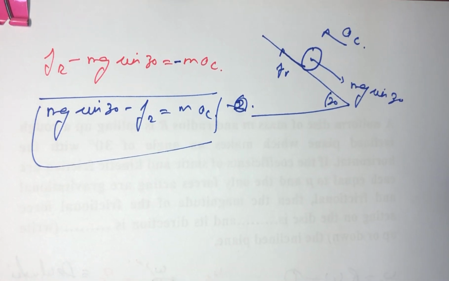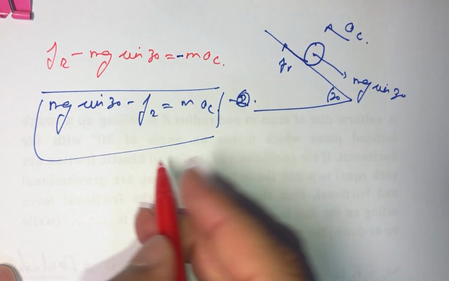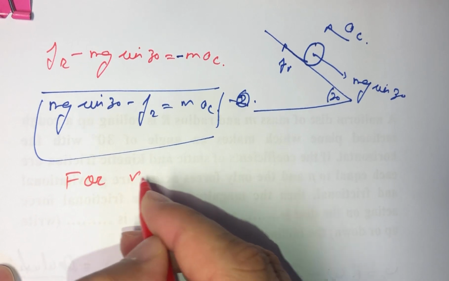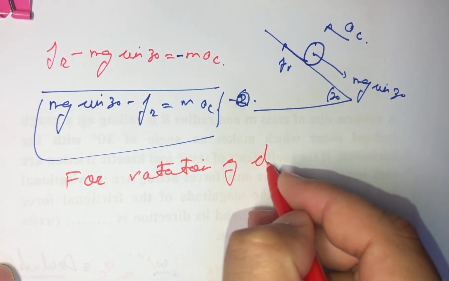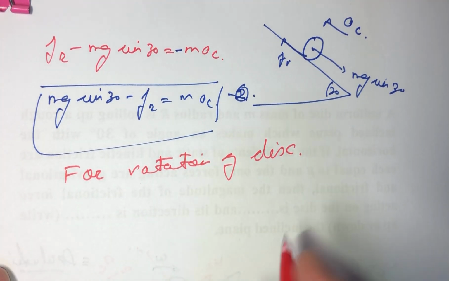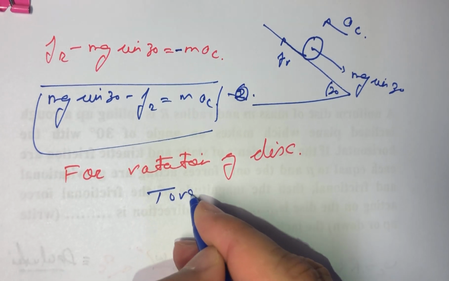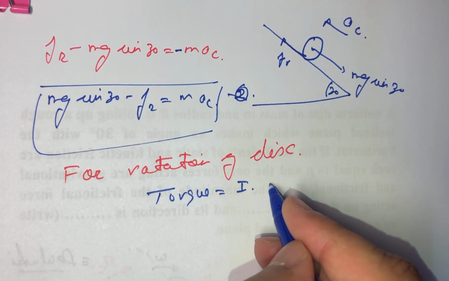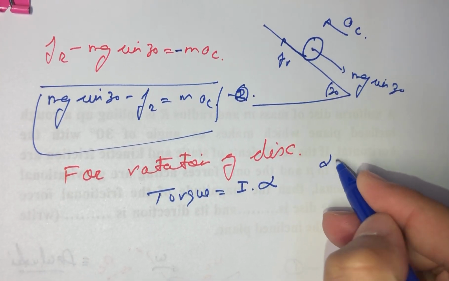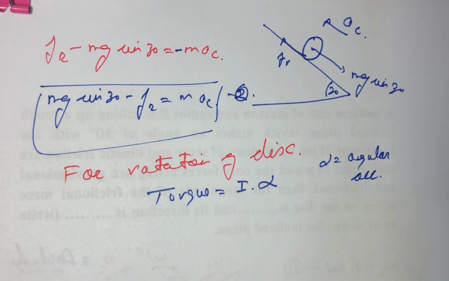And as there is a rotational motion, for rotation of the disk, the torque is equal to I, that is the moment of inertia, multiplied by the angular acceleration, where alpha is the angular acceleration.